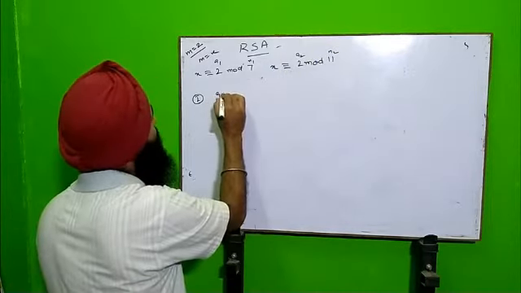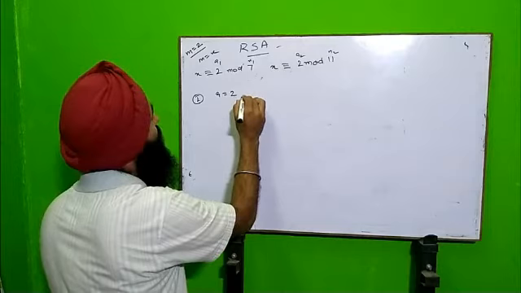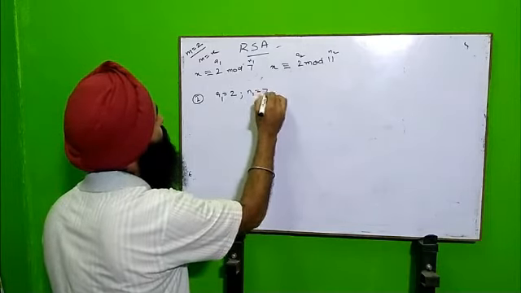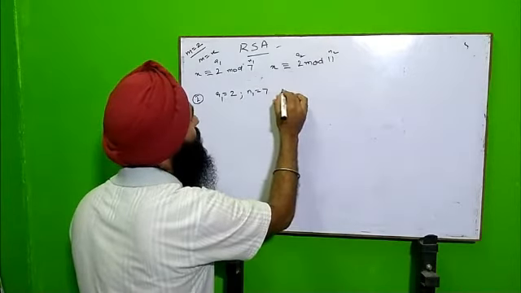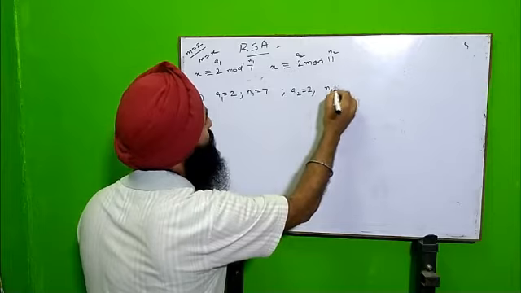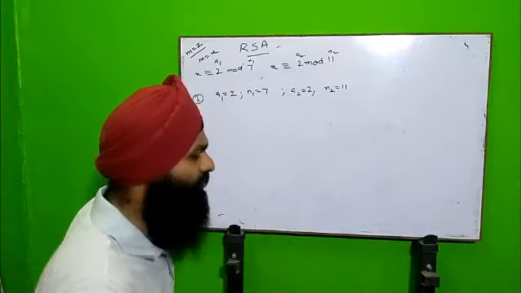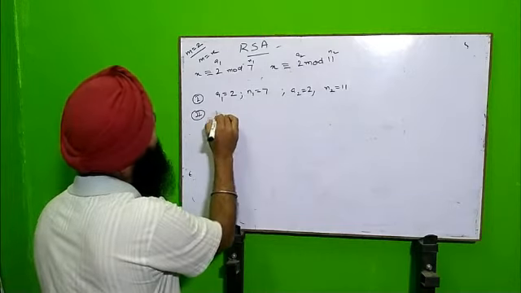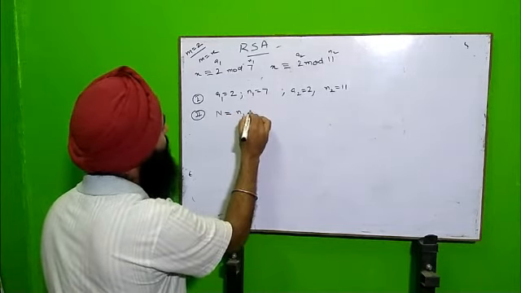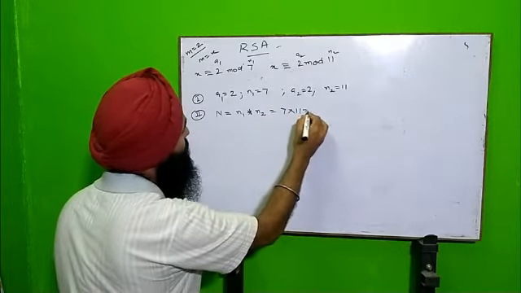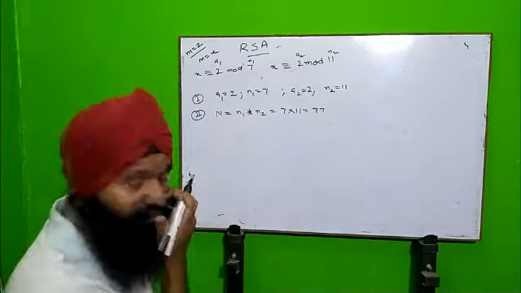Here A1 is equal to 2 and N1 equals 7, whereas A2 equals 2 and N2 is equal to 11. The second step is to find the capital N, that is N1 into N2, that is 7 into 11, which is 77.